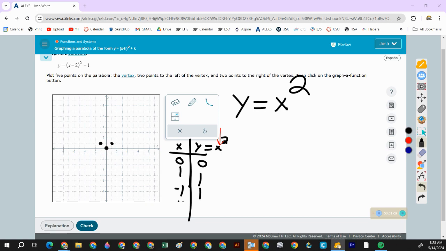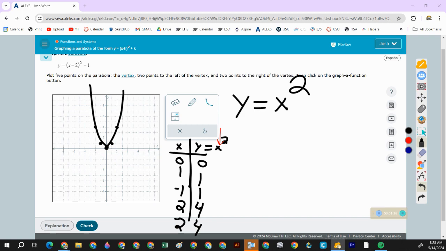And then if I plug in 2, 2 squared is 4, and -2 squared is also 4. So we go over 2, up 4, over 2, up 4. And that gives us the graph of the parabola. So it's pretty simple. Over 1, up 1, over 2, up 4 on both sides.